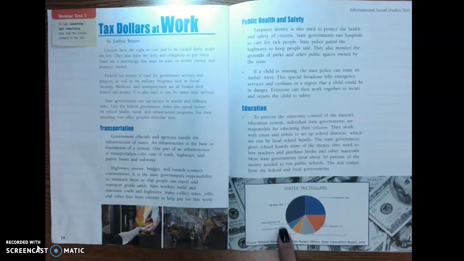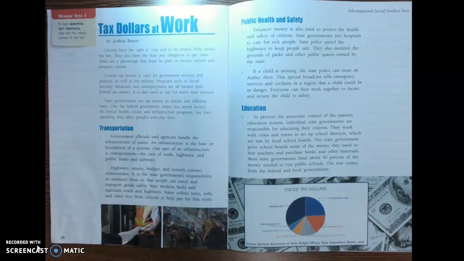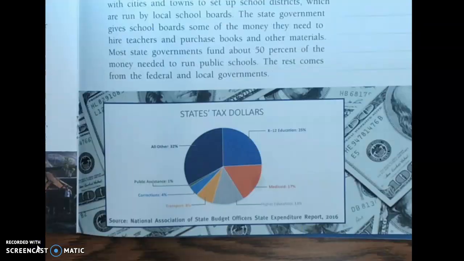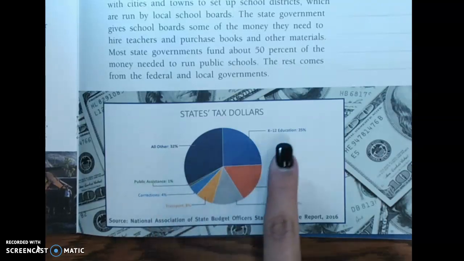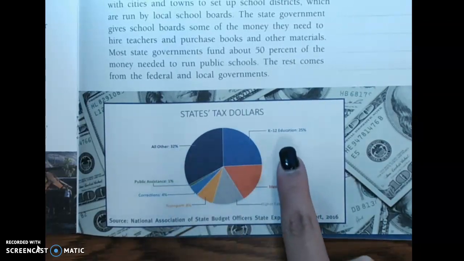And then I see this pie chart. I'm going to zoom in so you can see it. In the labels, I see that there are percentages in each section, and each percentage is labeled with something that maybe the dollars contribute to.